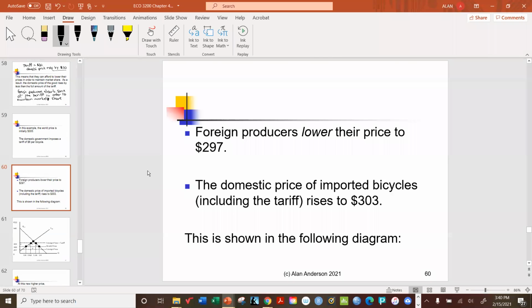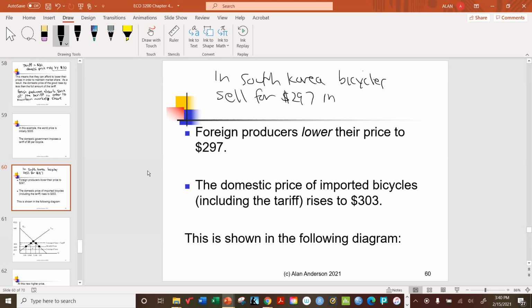Let's say this is South Korea. So in South Korea, the bicycles will now sell for $297 instead of $300. But in the United States, the tariff brings that up to $303.